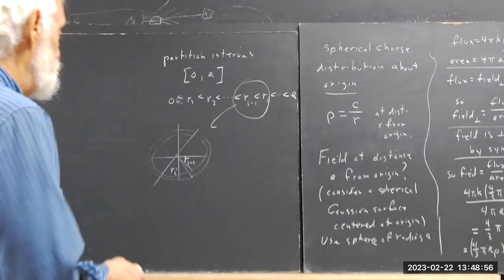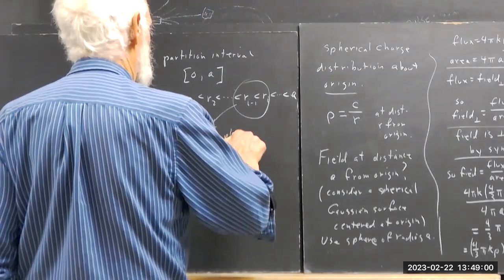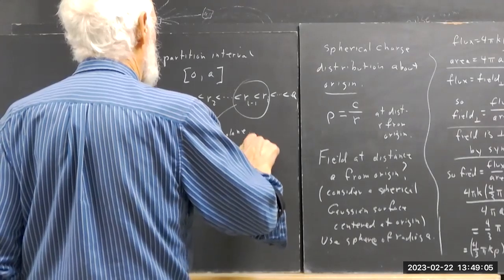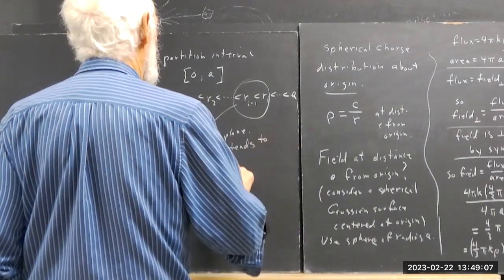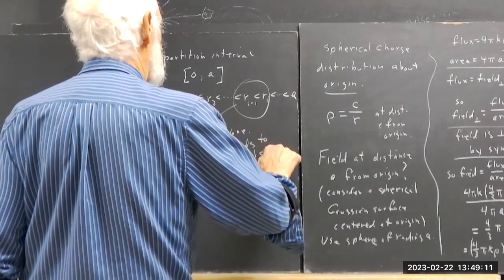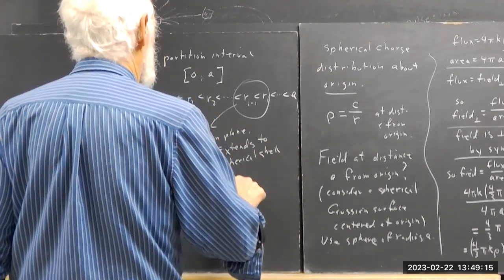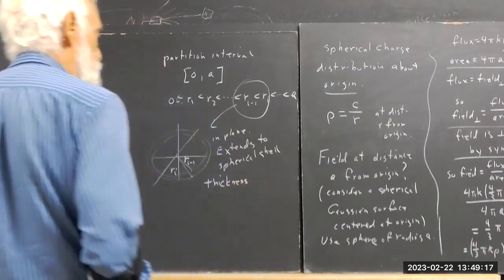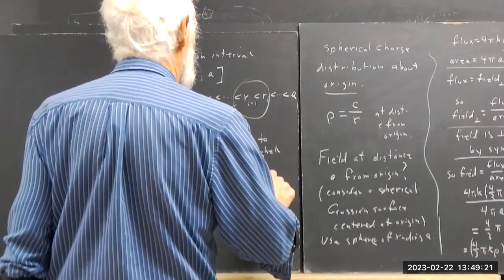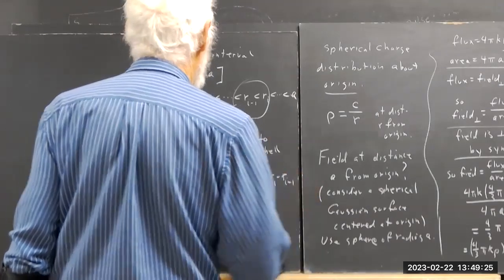The thickness of the shell is delta R sub i, which is R sub i minus R sub i minus 1.